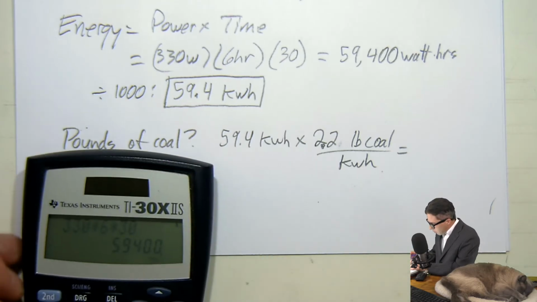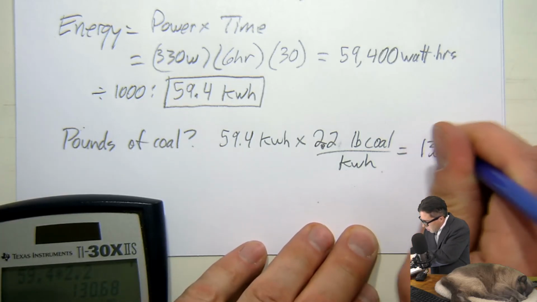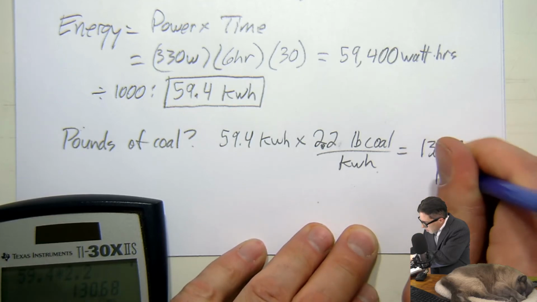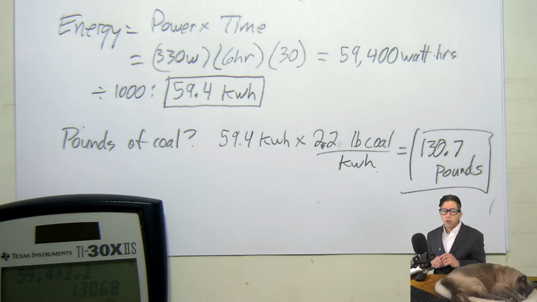So I take 59.4 times 2.2, and I get 130.7 pounds. That's how many pounds of coal I had to burn that month for my TV.